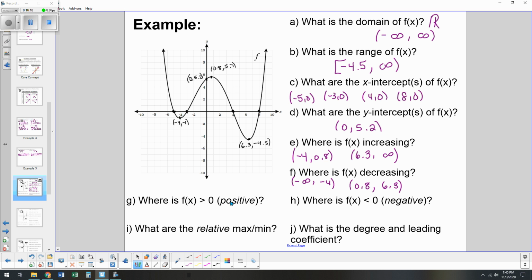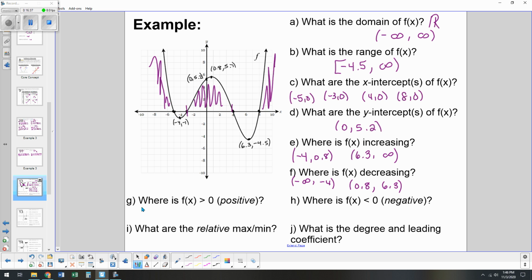So f of x is positive. They want to know, for what x values are the y values positive? So they're positive between here, right? This is all positive here, here, and here. Those are all my positive y values.